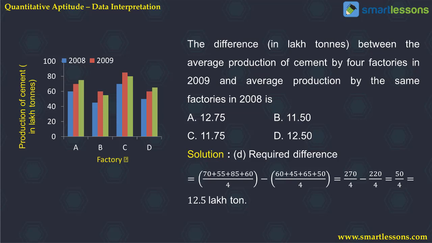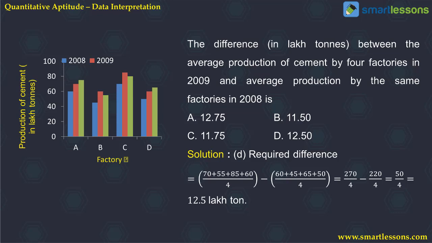Now the same thing we will be doing for 2008. In 2008, the production by factory A was 60 lakh ton, by factory B was 45 lakh ton, by factory C it was 65 lakh ton, and by factory D it was 50 lakh ton. So the total production was 60 plus 45 plus 65 plus 50.